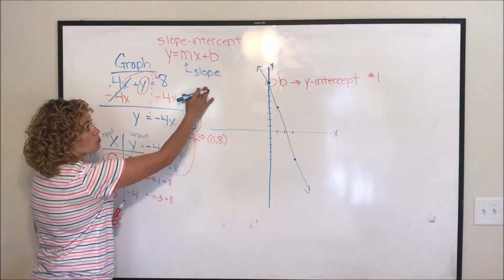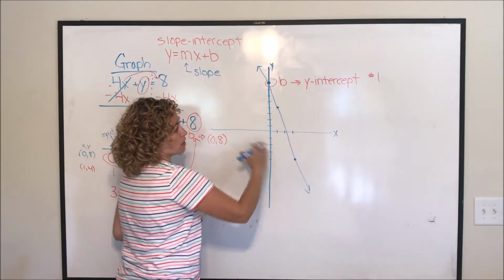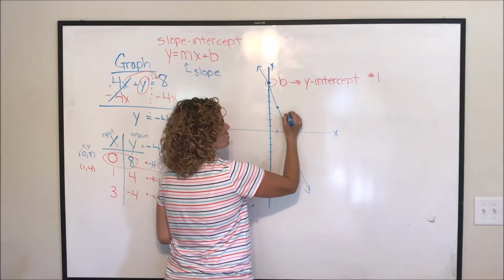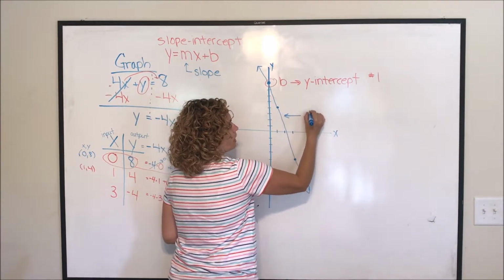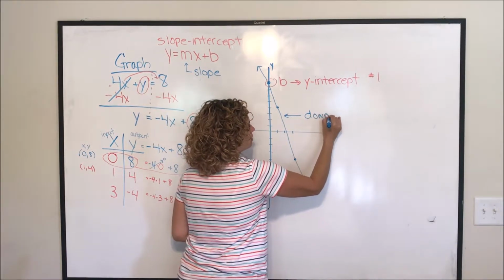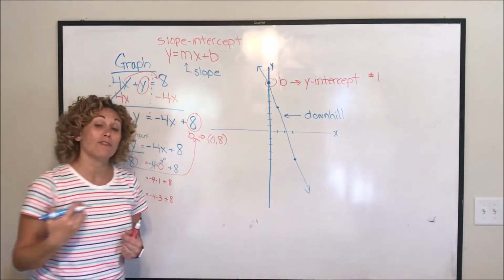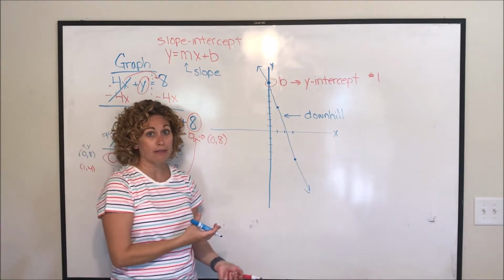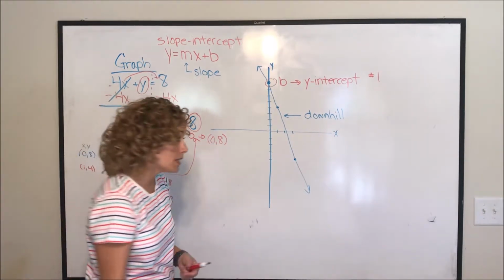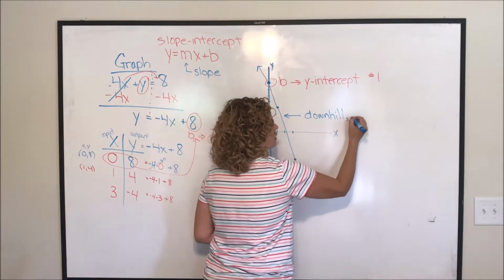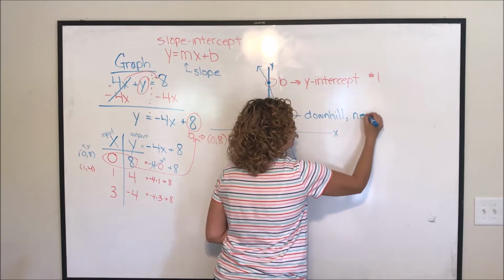So your slope is how you are moving. In this case, our slope is going downhill, okay? Which, if it's downhill, would you be positive or would you be negative? Well, you would be negative. So this actually tells us we have a negative slope.